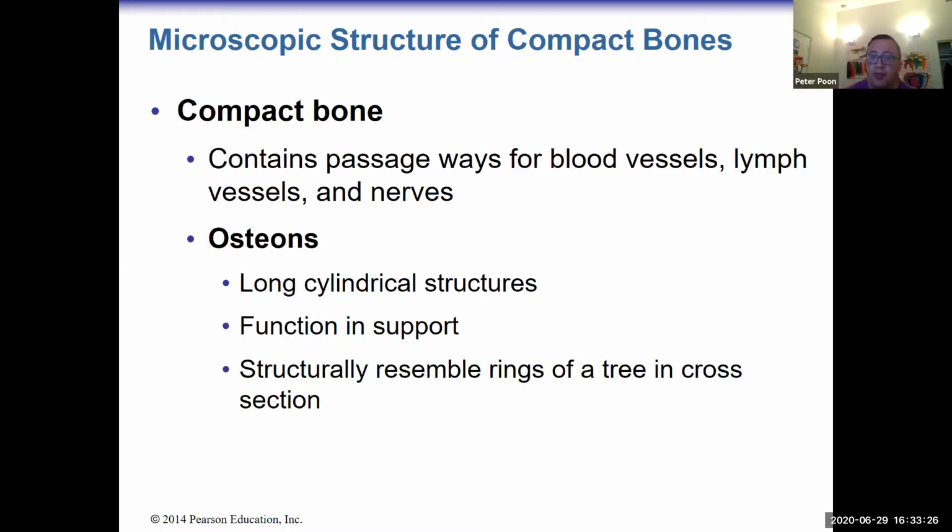In fact, there are special passageways for blood vessels, nerves, lymphatic vessels, etc. First of all, the osteon is the functional unit of compact bone. When we build compact bone, we are building osteons. When we tear apart compact bone, we're tearing apart osteons.